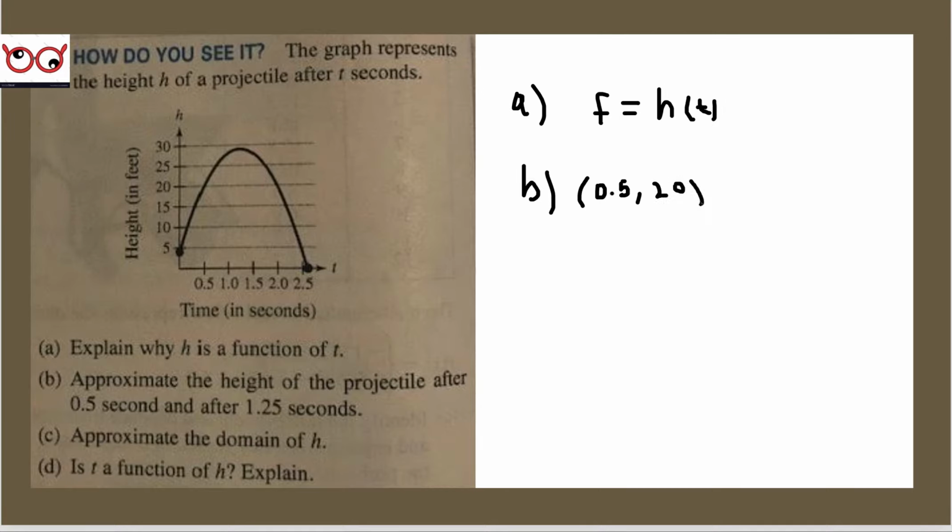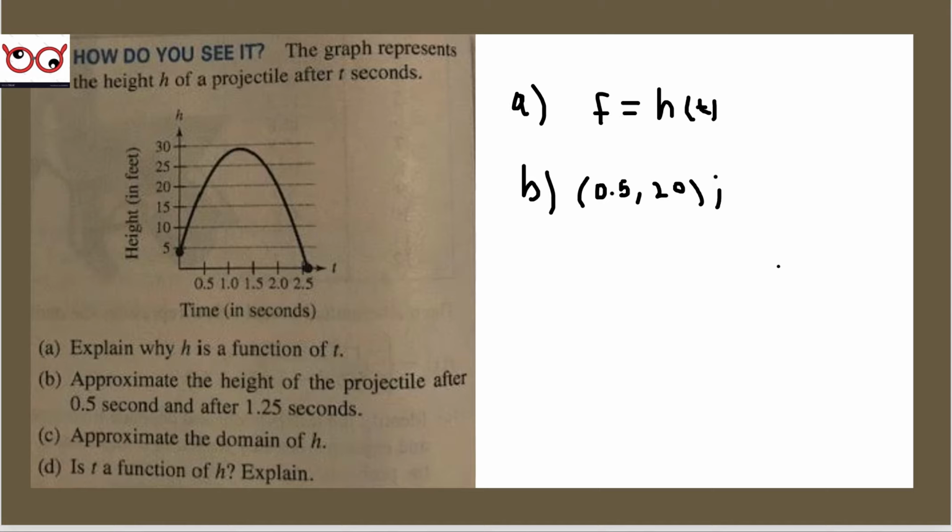And the other point we have to approximate is after 1.25 seconds. So 1 is here, but it's in a half, so it's going to be something here. It's 28 or a little bit lower.